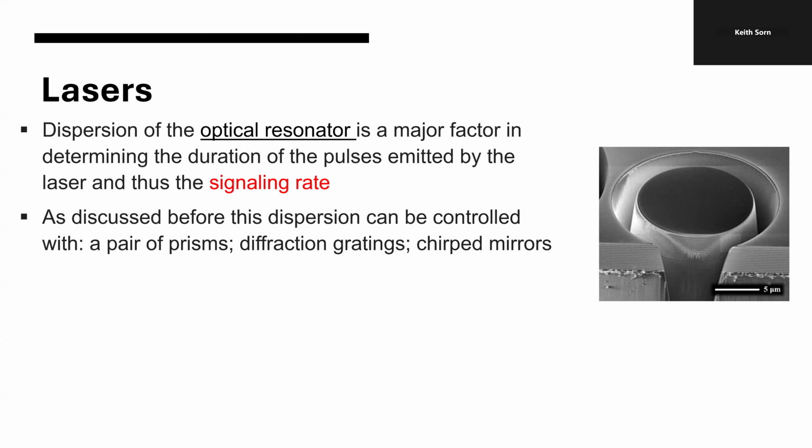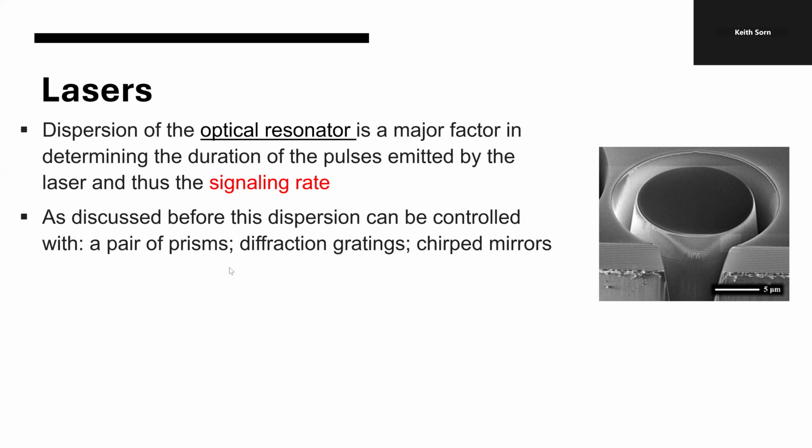The optical dispersion of the laser light, the spreading out in time, actually determines the pulse length of the pulse emitted by the laser, and thus determines the signaling rate. So it's quite substantial.